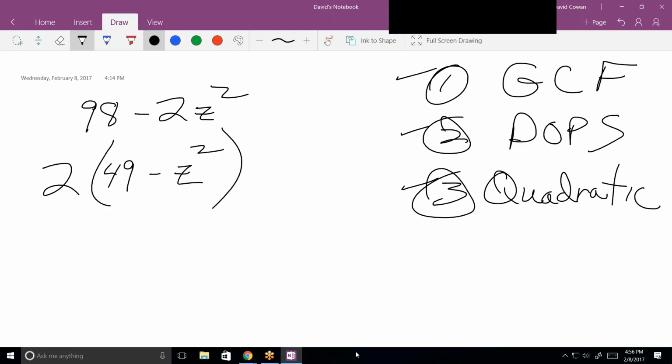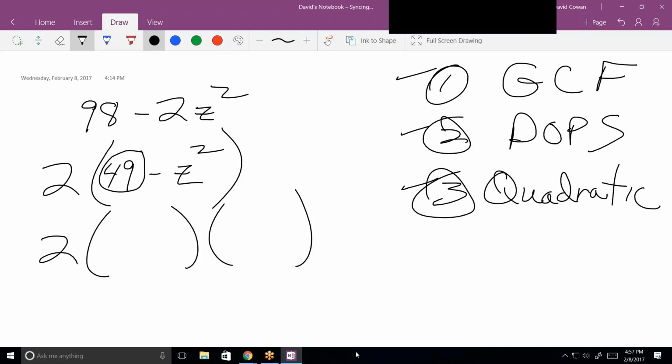Now notice what I have. This part is difference of perfect squares. How do you know? Because 49 is a perfect square number and z squared is a perfect square number. So factor that. So the whole thing factors into what? Start with the square root of that. I have 49. What's the square root of 49?